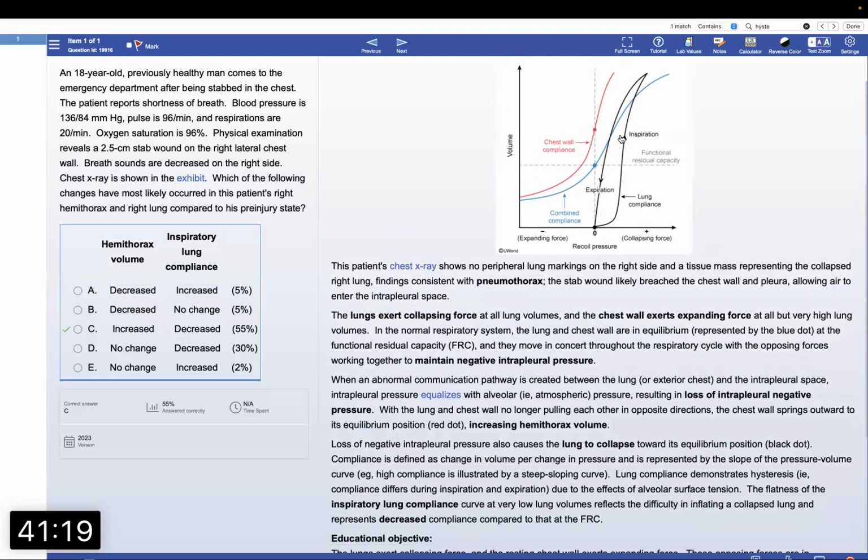FRC is this point. After this, it has already overcome the resistance, so it's easier. And in expiration, nothing is stopping it, so it comes down.